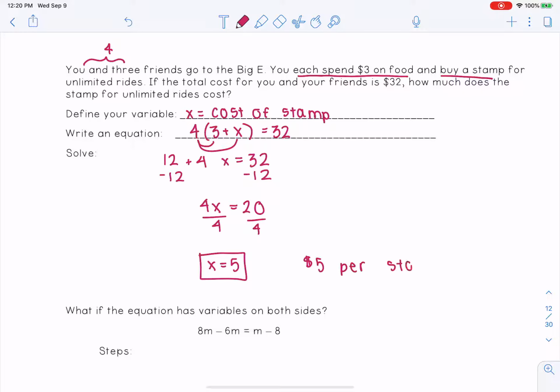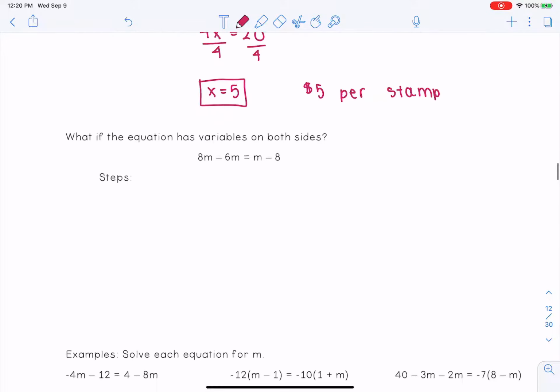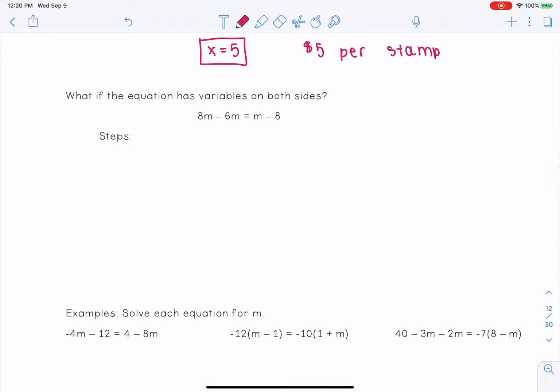Now here's another question. What if the equation has variables on both sides? So we'll see we've got m's on this left side and m's on this right side. So our strategy is going to be to get the variables all on the left side first.